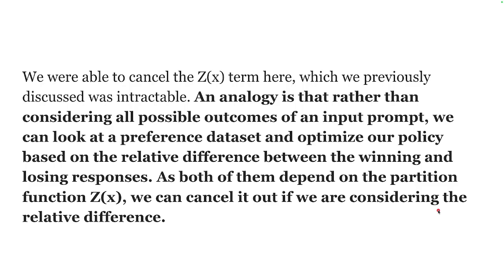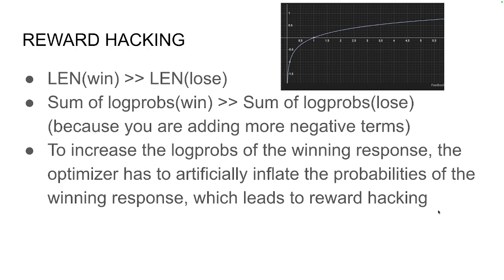So you sum the log probs of the winning, and you have the log probs of the losing, and you see that the winning one is much more negative as compared to the losing. So as your log probs of the winning response is very negative, to decrease the loss, the model has to artificially inflate the probabilities of all the tokens in your winning response. So this is the log graph. What the model will try to do is reduce the loss.